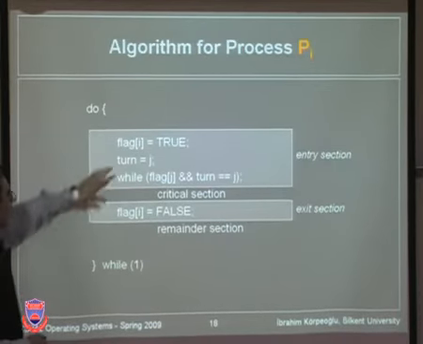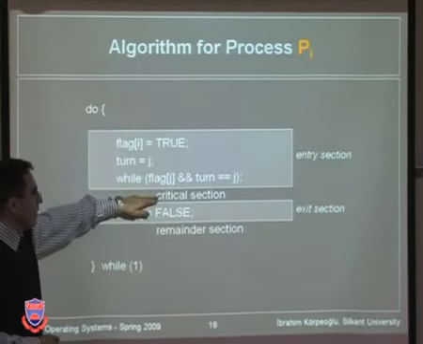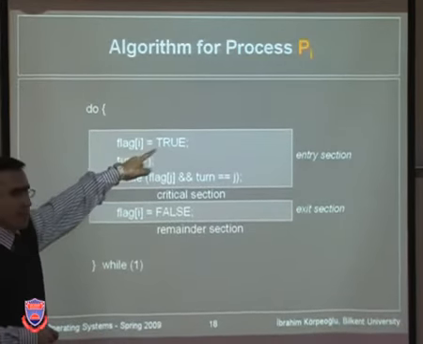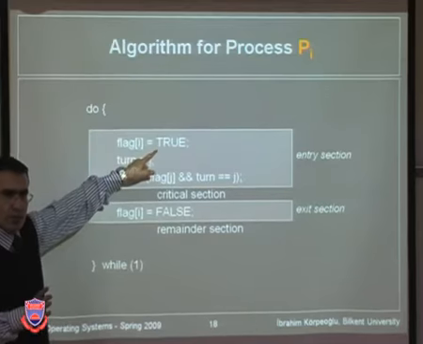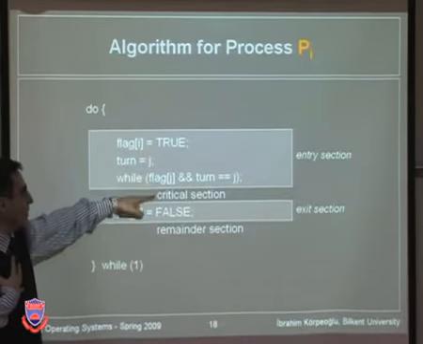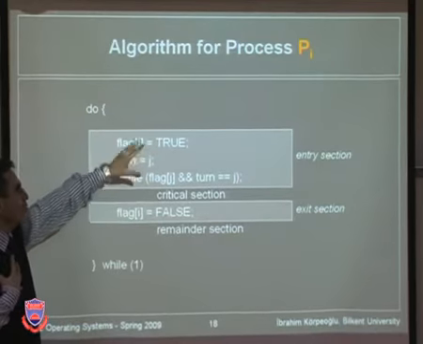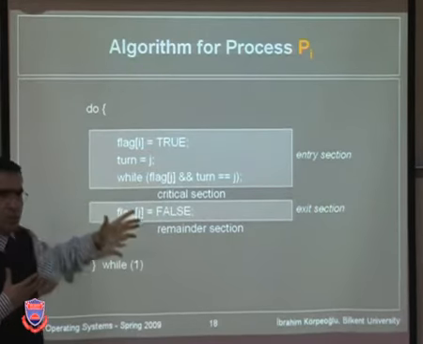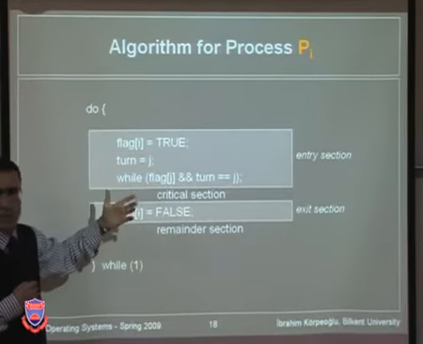So a process that would like to enter the critical section does what in the entry section? It sets its flag to true. This is logical, right? So you indicate that you want to enter the critical section. You are interested in entering the critical section. You set your flag. Assume this is process i. i can be 0 or 1, okay? The other process is process j.